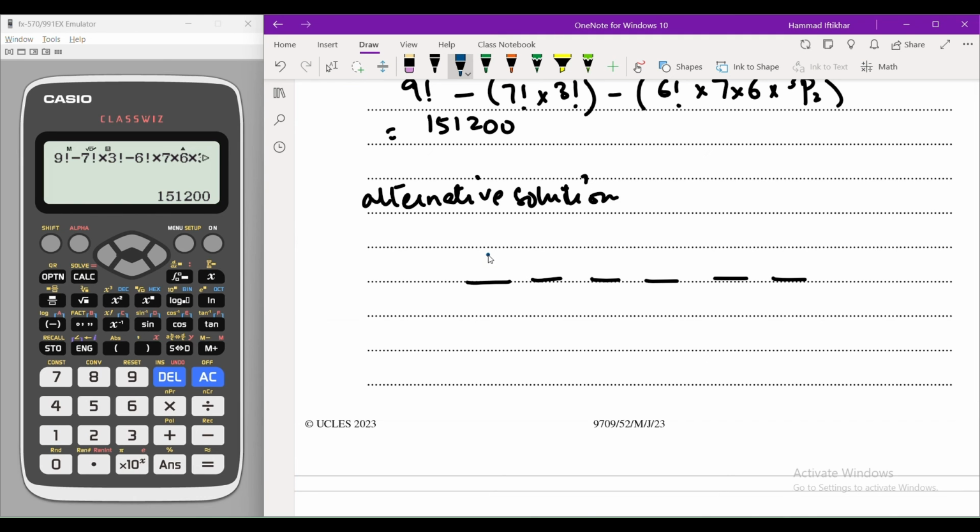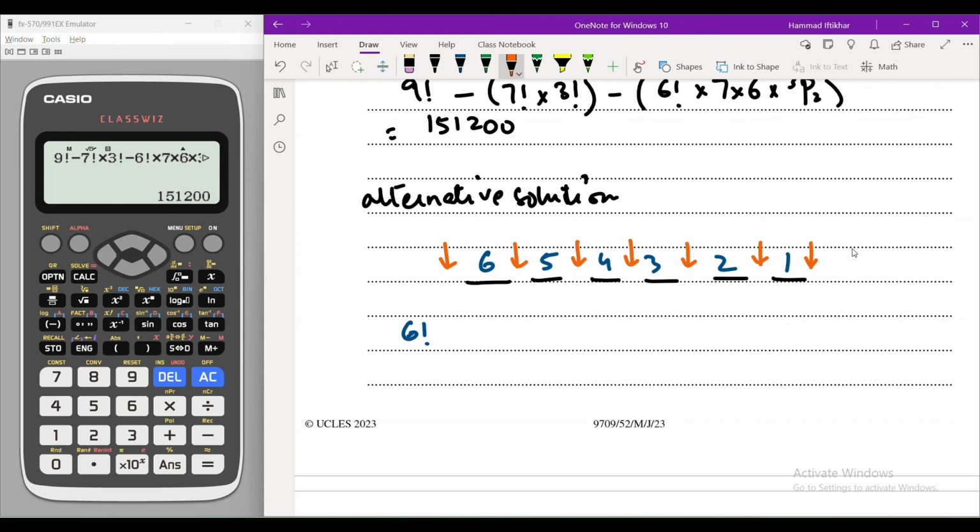So 6, 5, 4, 3, 2, 1, which is equal to 6 factorial for the non-cyclists. And then the cyclists have 7 places to fill in.